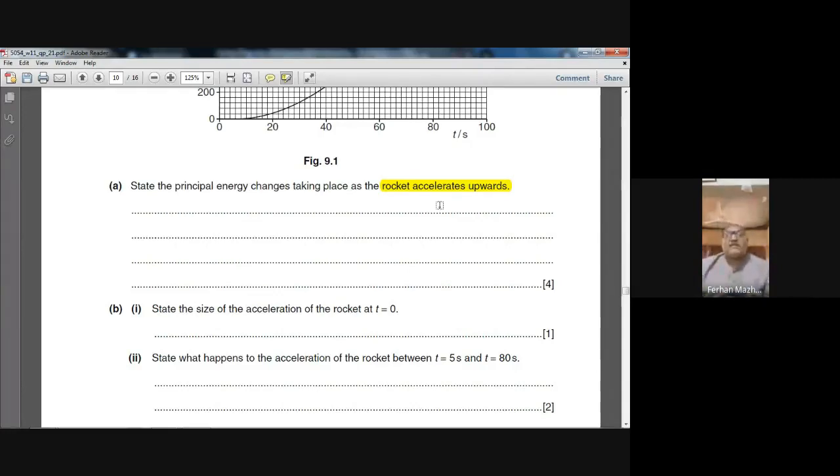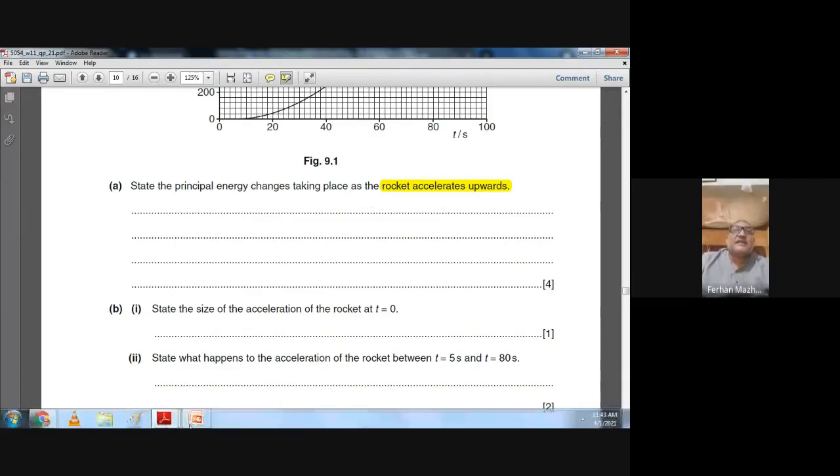As the rocket gains height or altitude, its gravitational potential energy increases. So the chemical potential energy is converted into thermal energy, that into the kinetic energy of the rocket, and that into the gravitational potential energy of the rocket. It's a 4 mark question.